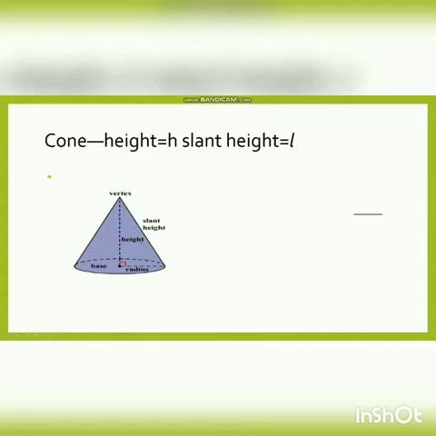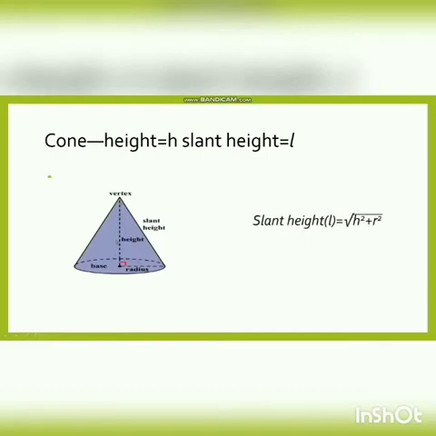One is the curved surface and the second surface of this cone is in circle shape. The radius of this circle is small r. This dotted line shows the height of the cone, shown by small h, and the curved surface height means slant height, which you can show by small l.